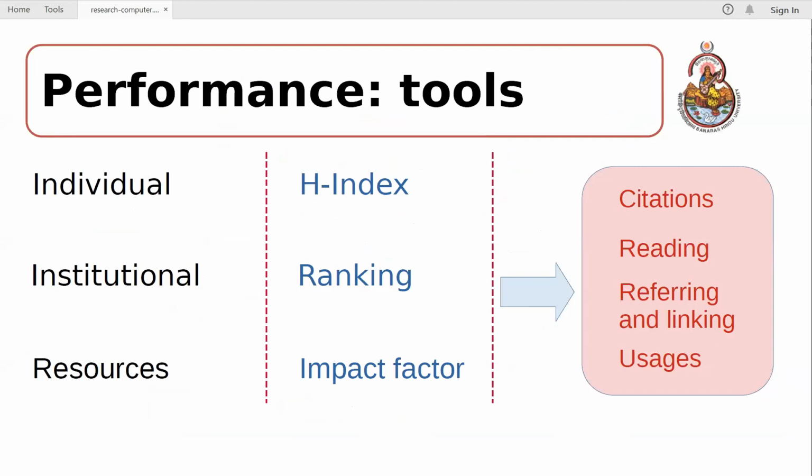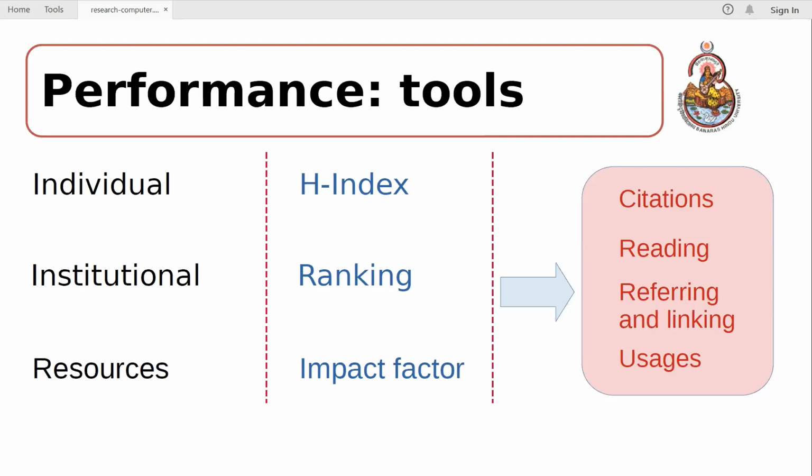Of course, whatever you do, the efficiency has to be measured. And it is only possible because of the form of web we have today. We have a lot of performance measuring tools at individual, institutional, and resource level.